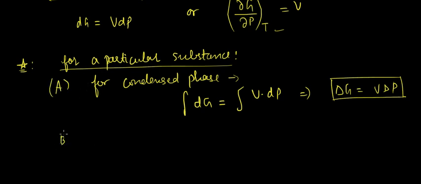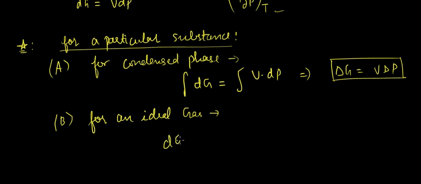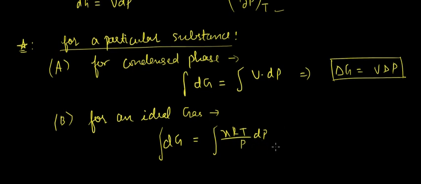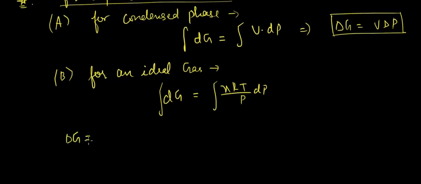Okay. And for an ideal gas, we know that dG is equal to VdP, putting the value of V here, which would be nRT upon P dP. So we can write that delta G would be equal to nRT ln P2 upon P1.